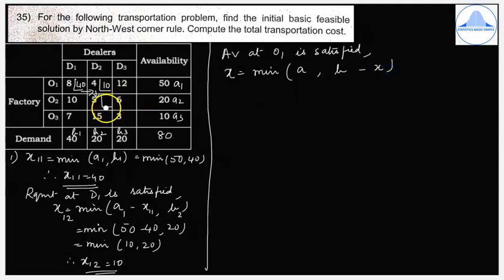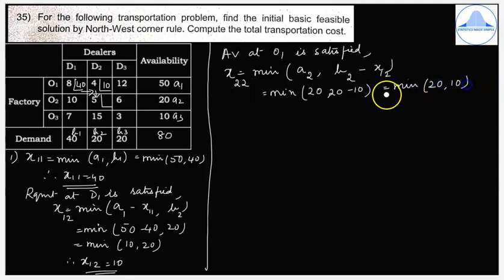So you have to come to this cell. This cell is 2, 2, so x22 is minimum of A2 comma B2 minus x12. So this is equal to minimum of 20 comma 20 minus 10, which is equal to minimum of 20 comma 10. So you will get x22 is equal to 10.